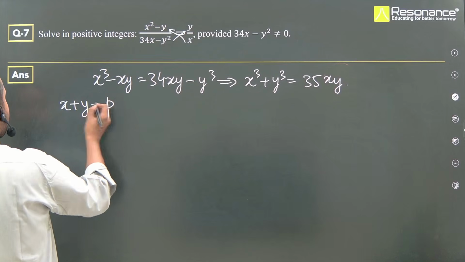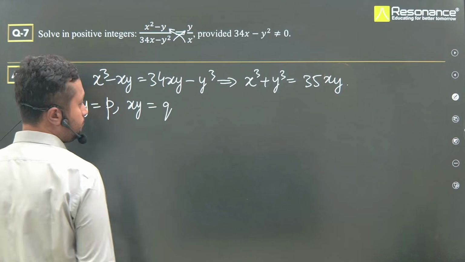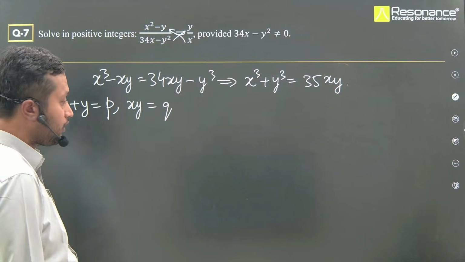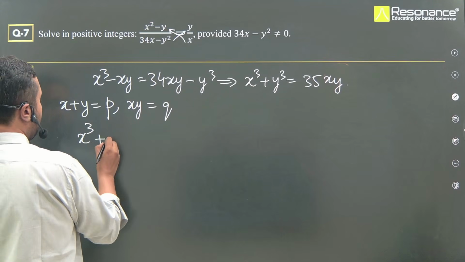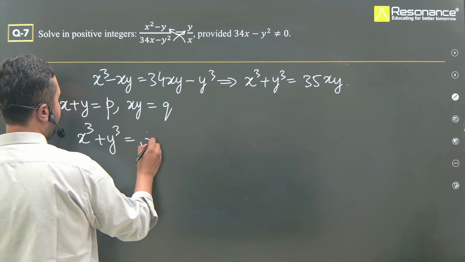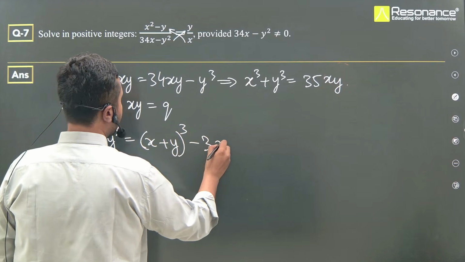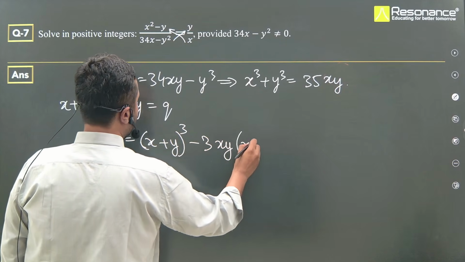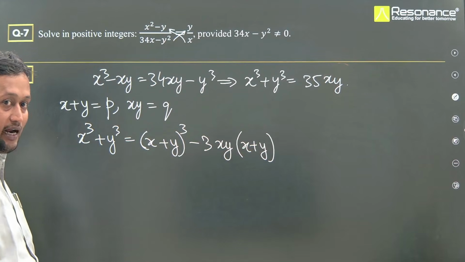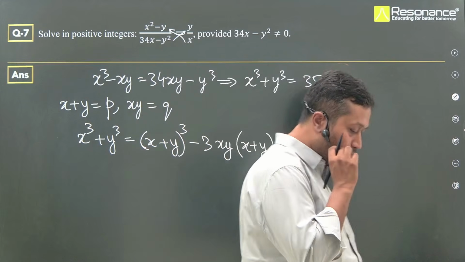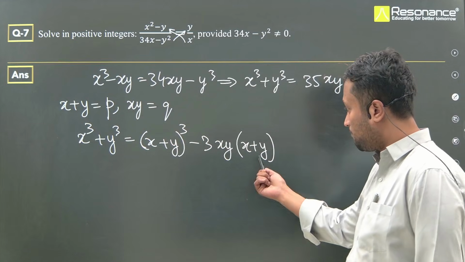Okay, now let's say that x plus y is p and x times y is q. Then x cube plus y cube will be x plus y whole cube minus 3 times xy, x plus y. Standard identity. X plus y whole cube is x cube plus y cube plus this term, right?